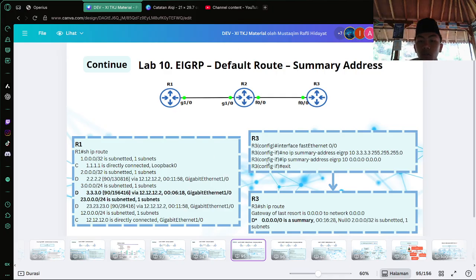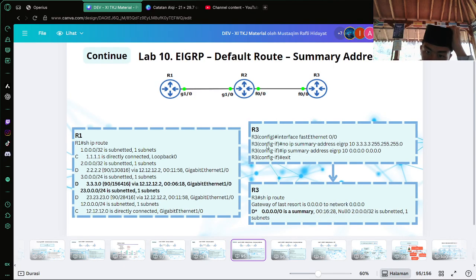Then you go to router 3 and enter the command interface FastEthernet 0/0, and you must first remove the existing summary address with no ip summary-address AGRV 10, where 10 is the AS number, and enter the IP address and subnet mask.